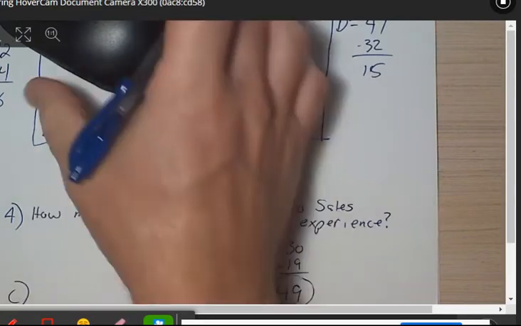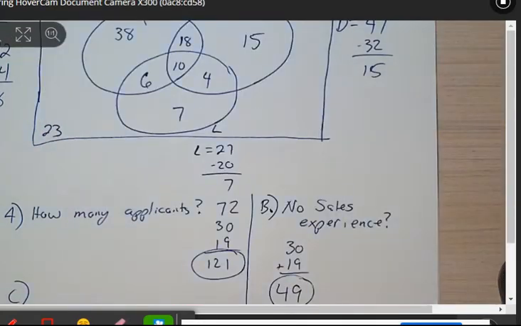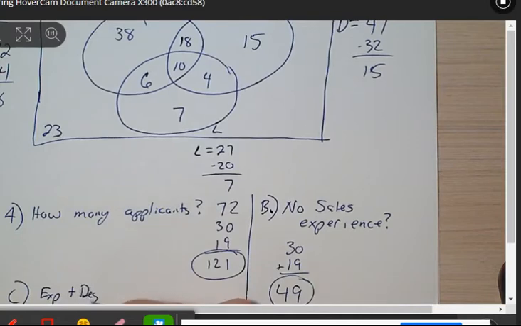Okay, put C down here. C was how many people had sales experience and a degree, but not a real estate license. So how many people had experience plus a degree, but not a license?